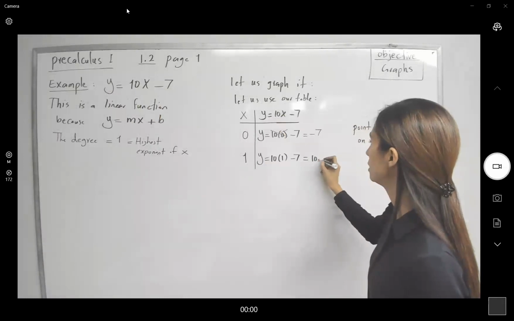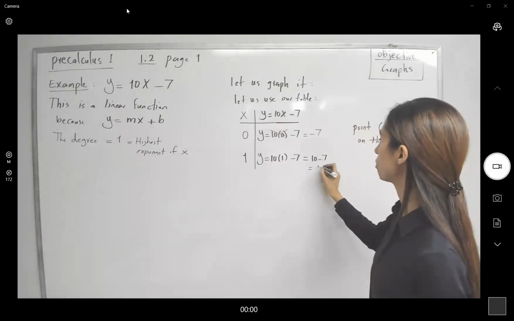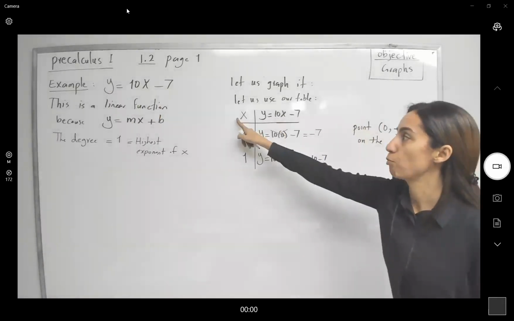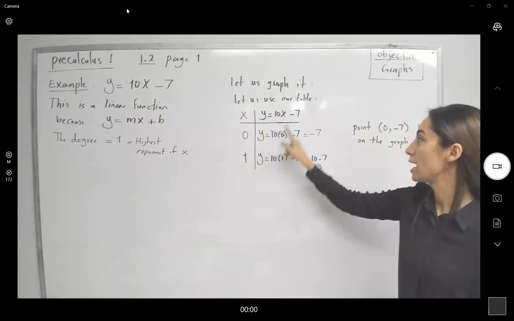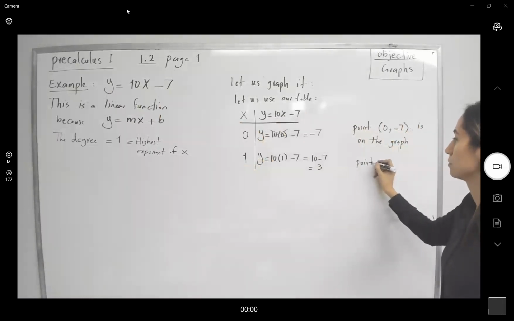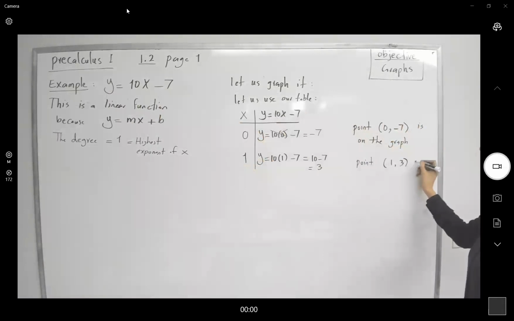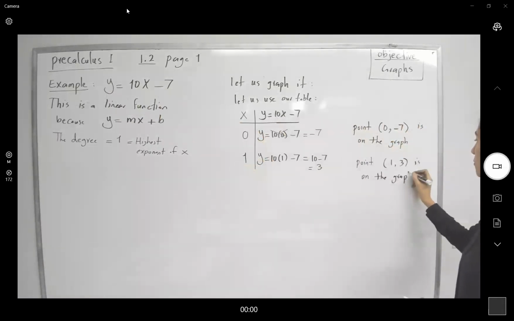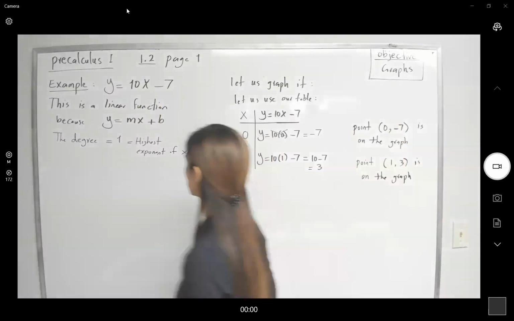So you get 10 minus 7, which is equal to 3. What's the meaning of that? It means that the point with first coordinate 1 and second coordinate 3 is on the graph. Very well. So let us graph it.